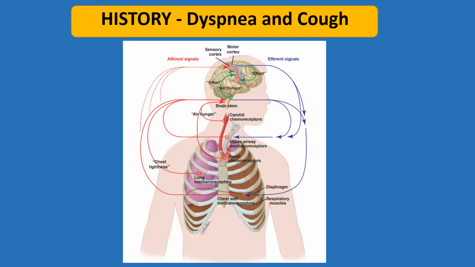Here you see the picture of dyspnea. Here are afferent signals from chest wall mechanoreceptors, lung mechanoreceptors, and so on, and efferent signals from the central nervous system to the upper airways, respiratory muscles, and diaphragm.